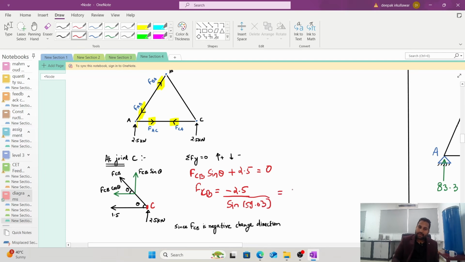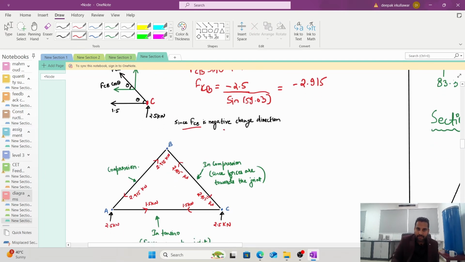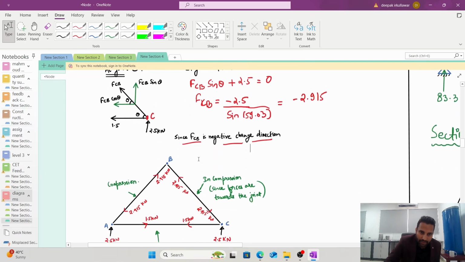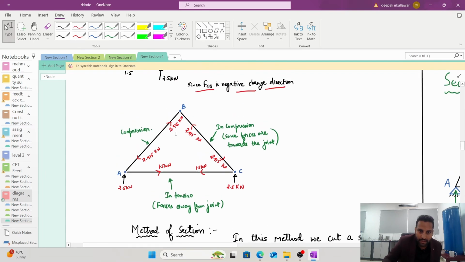If you solve this, you will get negative 2.915. Since it is negative, you have to change the direction. Initially we considered this going out of C. So finally you will plot this entire diagram, and this time you will not plot going out, you will plot inside because it was negative. Now, which forces are tensile and which forces are compressive?